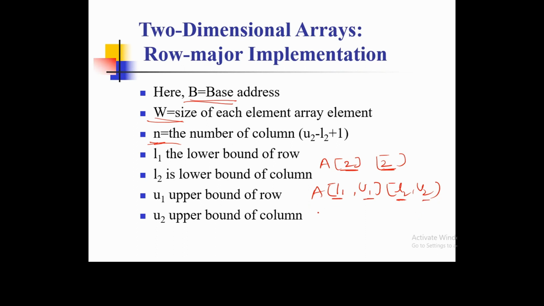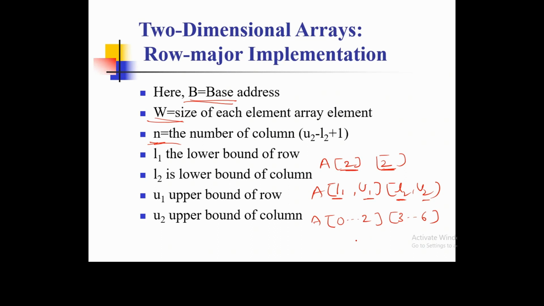It can be given like this, a of 0 to 2, and it is not necessary that it will be 0 to 2; it can be anything. Suppose it is 3 to 6.